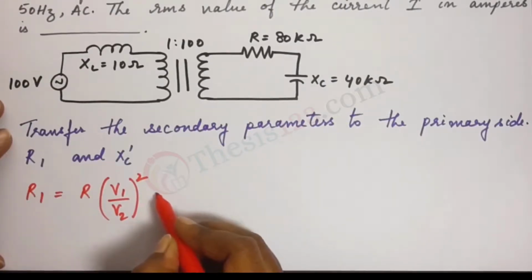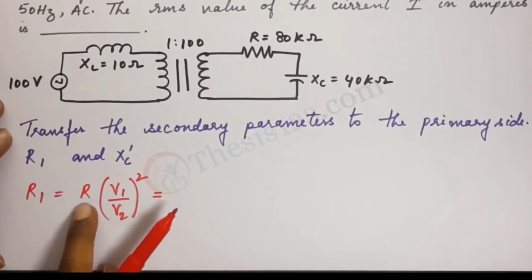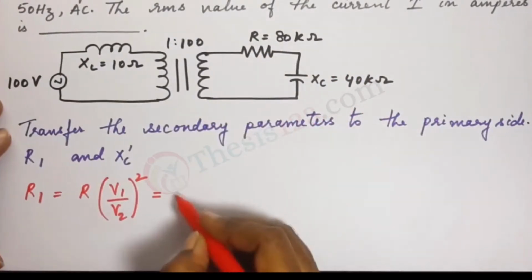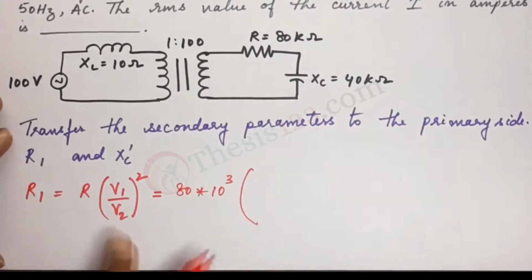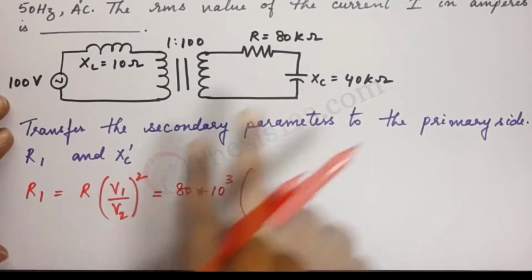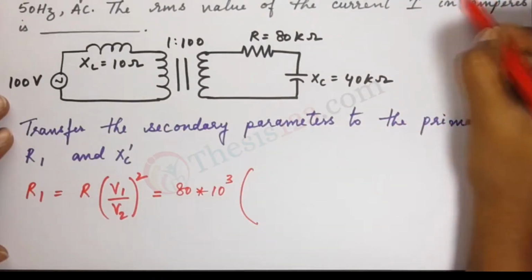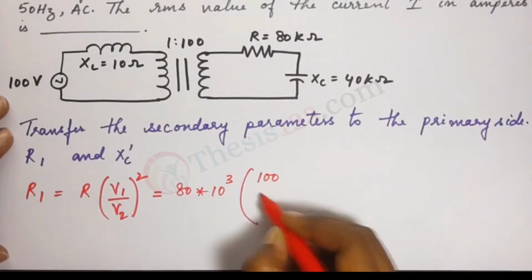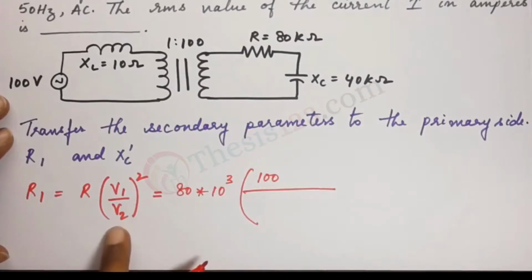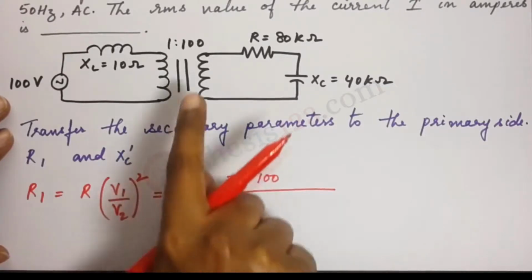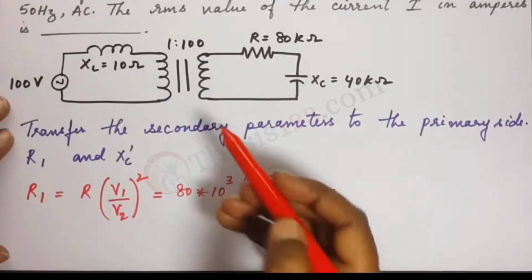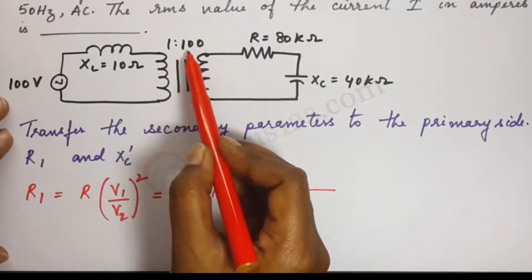Now if we substitute the values, R is given to us as 80K, 80 into 10 power 3, and V1 is given as 100 volts RMS. So that's 100 divided by V2. V2 is the primary voltage times the number of turns, and the ratio is given as 1:100.